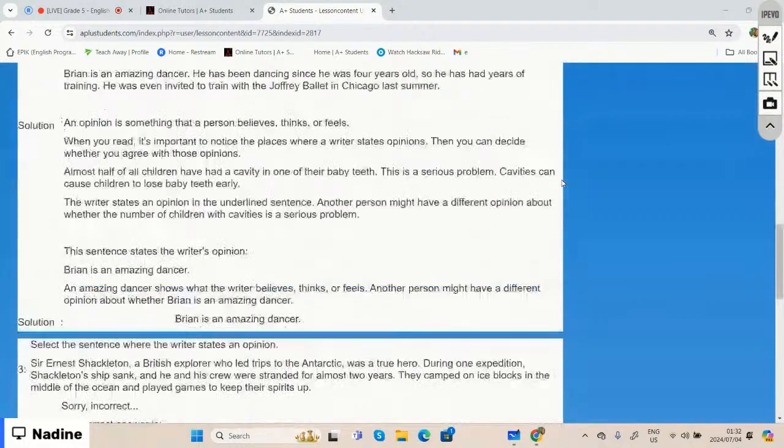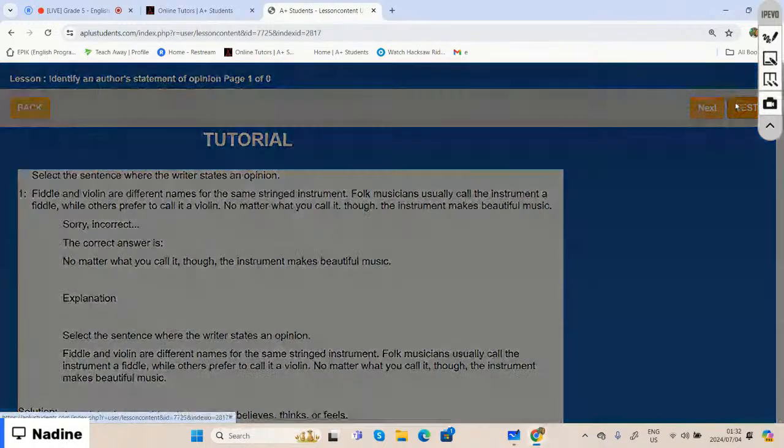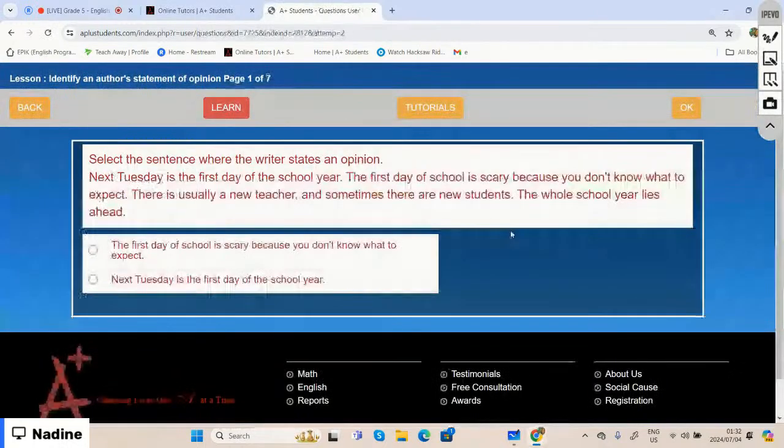All right, so now we're going to our test. We need to select the sentence where the writer states an opinion. It says, next Tuesday is the first day of the school year. The first day of school is scary because you don't know what to expect. There's usually a new teacher, and sometimes there are new students.